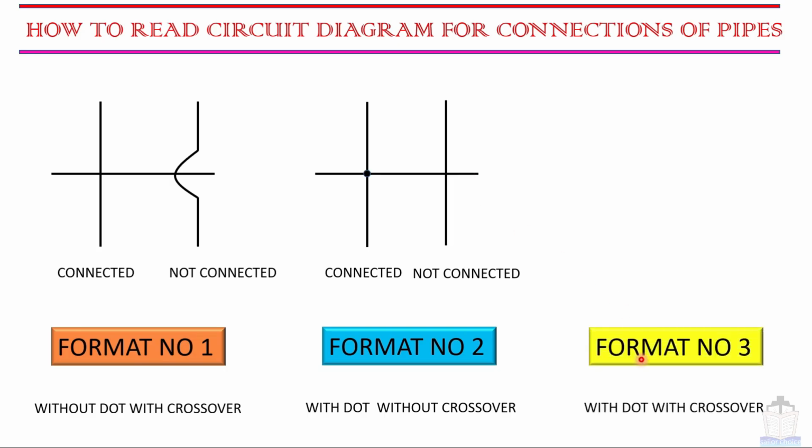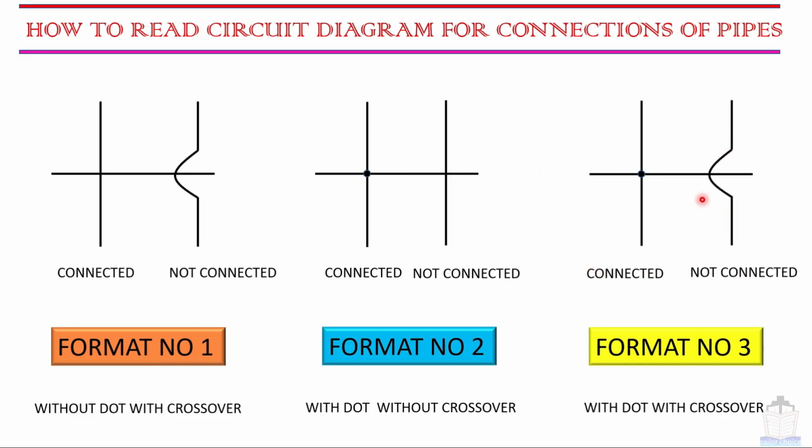Next is format number 3, with dot and with crossover. So as usual the line with the dot is connected, and this is a crossover, so it represents not connected. Mostly in any pneumatic diagram you will find these three types of format, and if you know how to read the connection of the pipelines, then it will be easier to understand the pneumatic diagram.